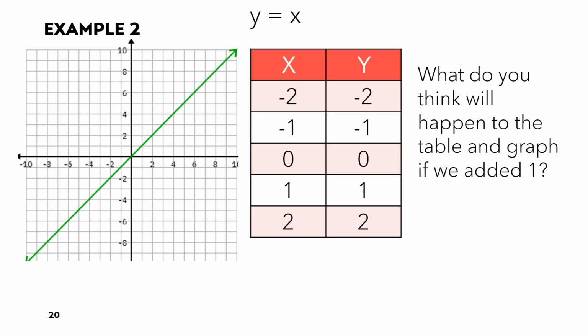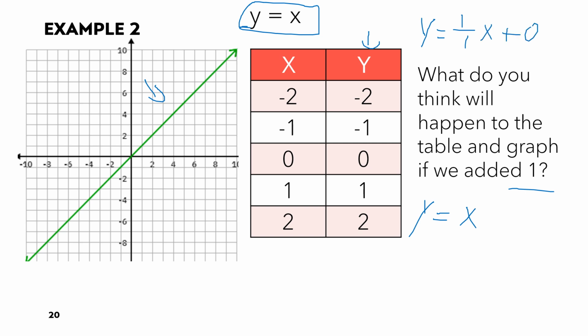So looking at our parent function, what do you think will happen to the table and the graph if we added 1? So our equation right now is y is equal to x. And to be more precise, our equation is really y is equal to 1 over 1x plus 0.